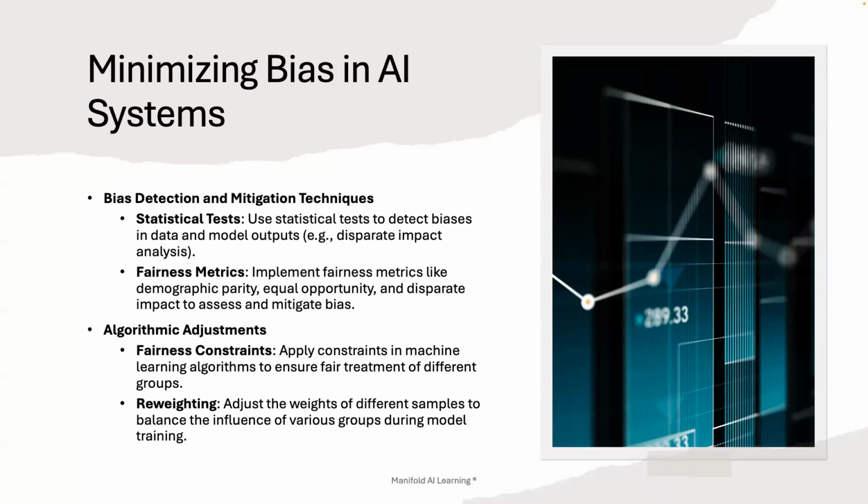And we'll have to come up with fairness metrics. We have to implement fairness metrics like demographic parity, equal opportunity, and disparate impact in order to assess and mitigate the bias. These ensure that we are able to measure the fairness and that the data we have is well represented.